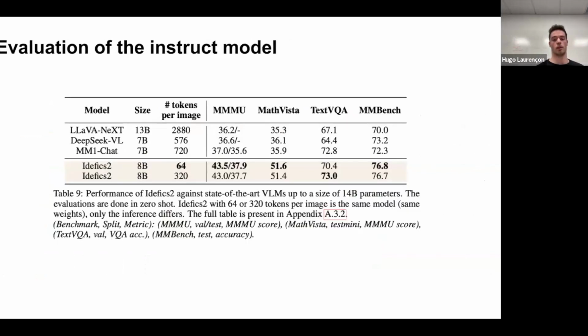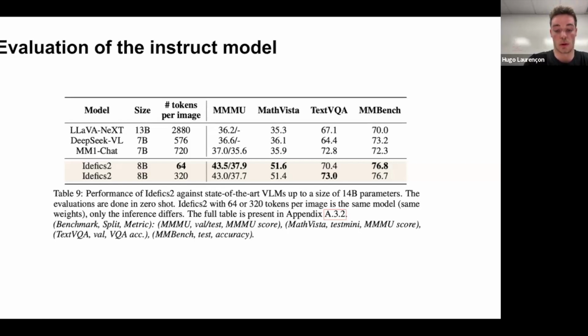So by training on the Cauldron, we obtain good performance for that time, especially on MMMU and MathVista. And we also train our model so that Idefics2 with 64 tokens per image is the same model as Idefics2 with 320 tokens per image.